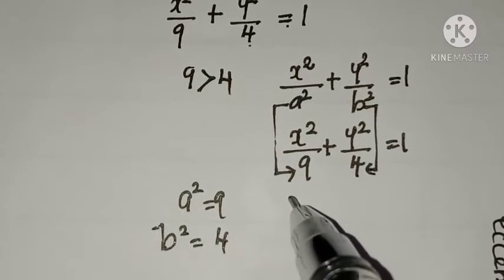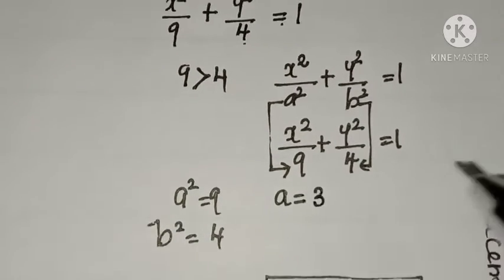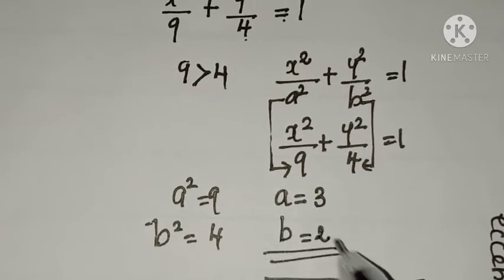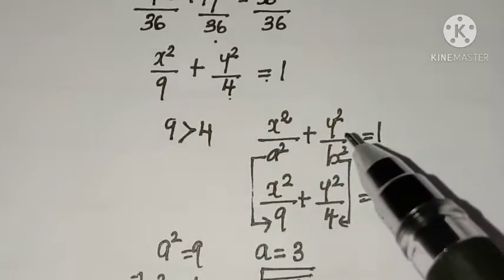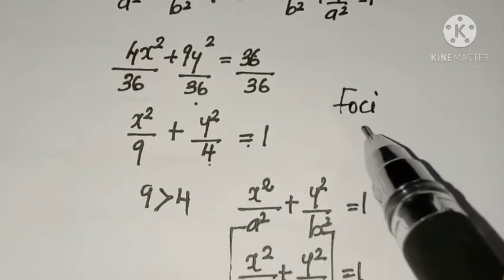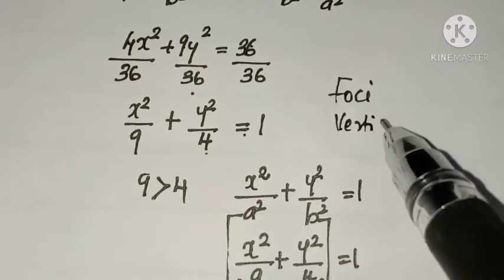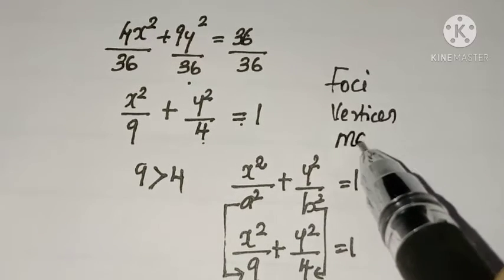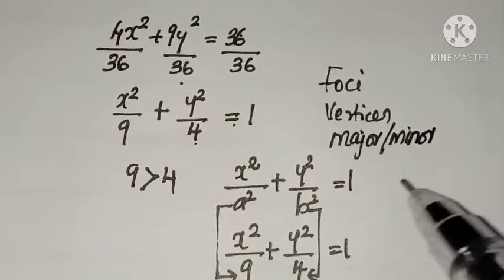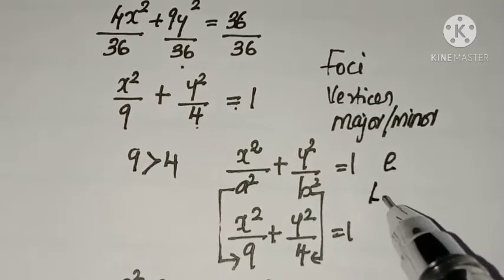If a² = 9, then a = 3, and b = 2. As usual, we can find the foci, vertices, length of major axis, length of minor axis, eccentricity and also latus rectum.